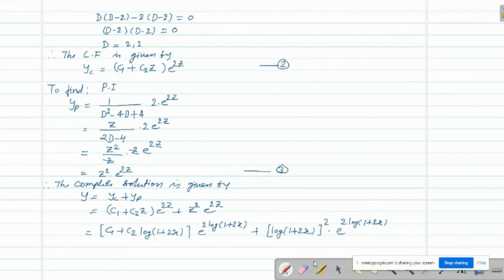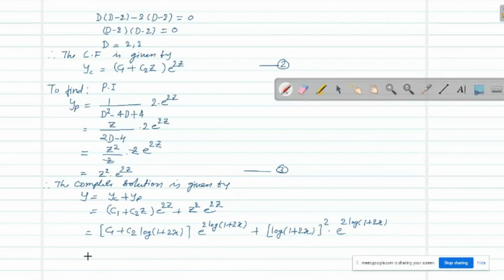Now just write down one more step. This can be written as c1 plus c2 log of 1 plus 2x into, see here, this 2 goes on the power. So this becomes e raised to log of 1 plus 2x the whole square. But e raised to log of something is something, so that is (1 plus 2x) square.